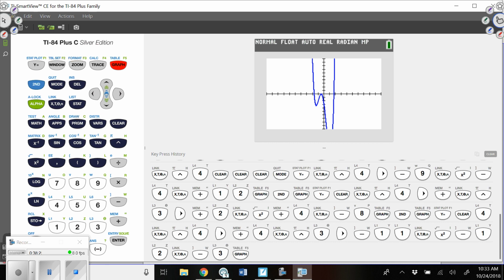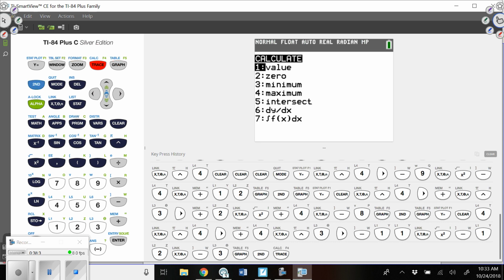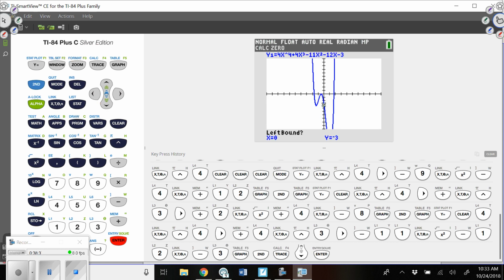Do you guys remember what buttons to hit to get it to calculate? Second trace, because they calculate. And which one am I tracing for? 0. So option number 2. Hold on. We got to watch where that cursor is. Now, normally, like we talked, it had to be one below and one above. But does my graph ever go above for the answer I'm trying to find?